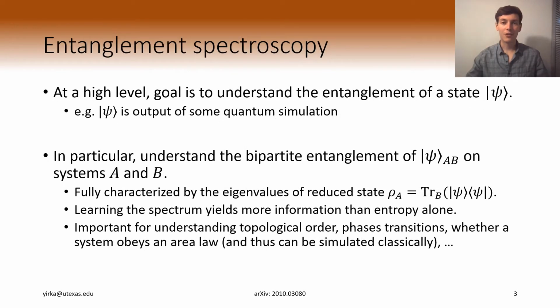At a high level, the goal of entanglement spectroscopy is to understand the entanglement structure of some quantum system. For example, a quantum state may be the output of some simulation which we wish to learn some property of.